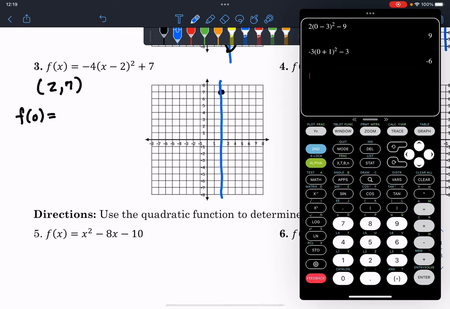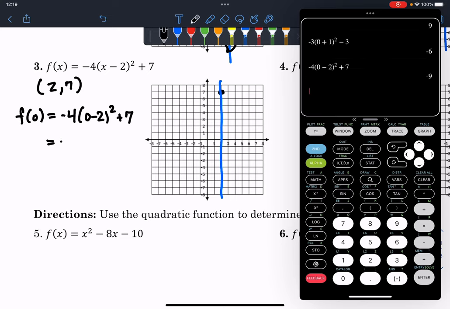But let's identify our y-intercept. That equals -9. So 0, -9 would be down there.